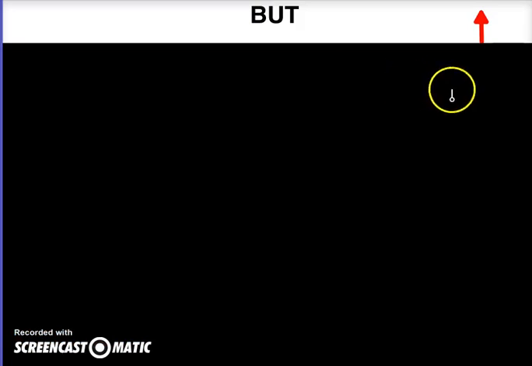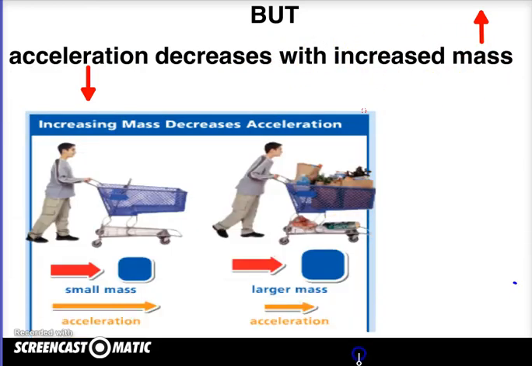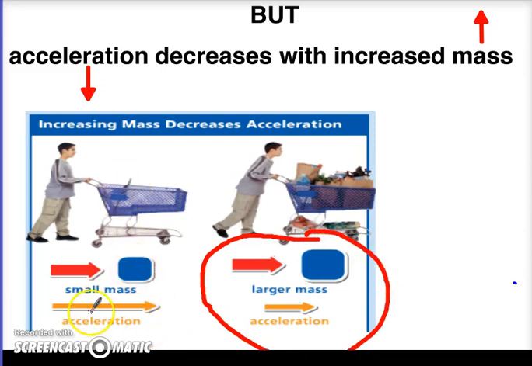But going back to the first shopping cart example, he said that acceleration will decrease when there's increased mass. So here's that example again. This time we have the same amount of force placed on two different shopping carts with different masses. The object with the larger mass will go slower than the object with less mass. The object with less mass will have a greater acceleration, and the object with more mass will have a smaller acceleration.